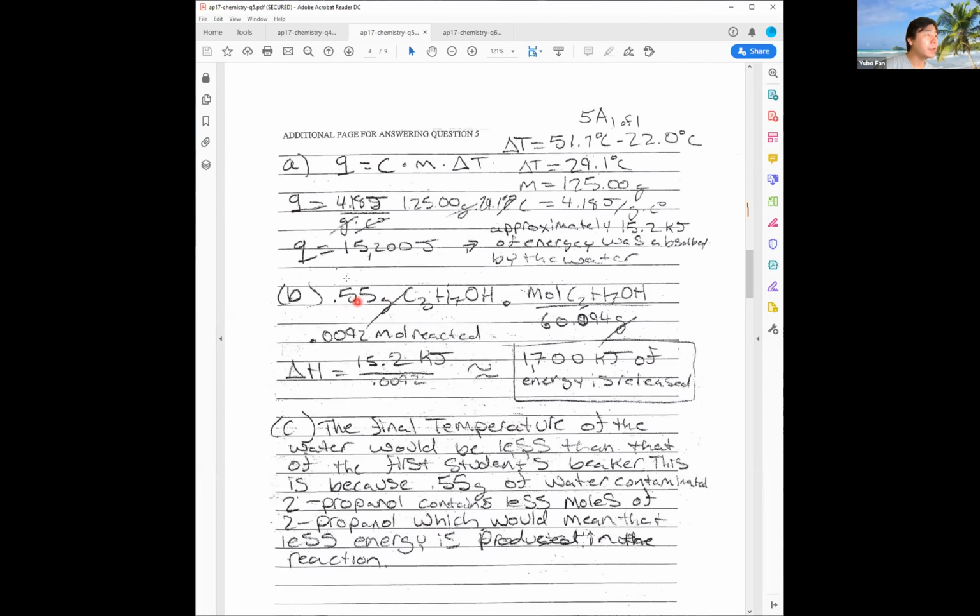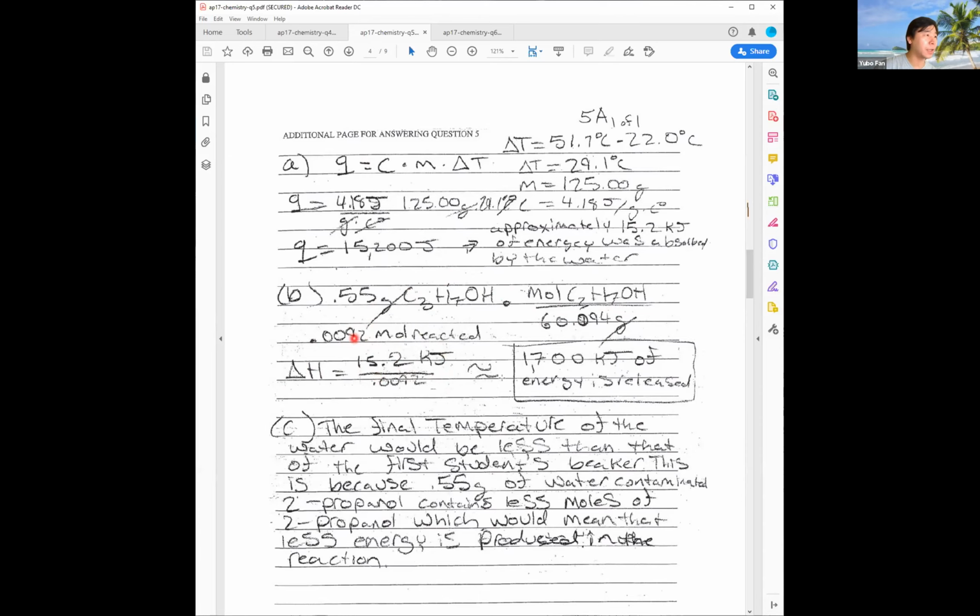So here you can calculate like this: 0.55 gram of isopropyl alcohol divided by its molar mass, and you get its number of moles. Remember, you have 2 significant figures, but you can keep more in the middle of the calculation. Then delta H equals 15.2 kilojoule from question A, divided by the number of moles you got here.